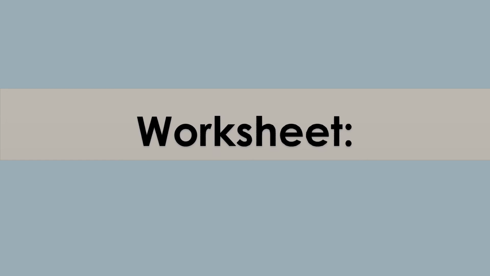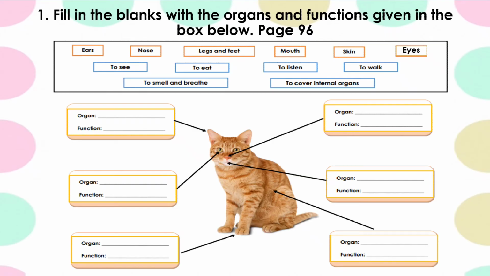Now for your worksheet, I want you to open your book on page 96. So this worksheet is a continuation of our last topic. It's about the organs and the functions of the parts of the animal.